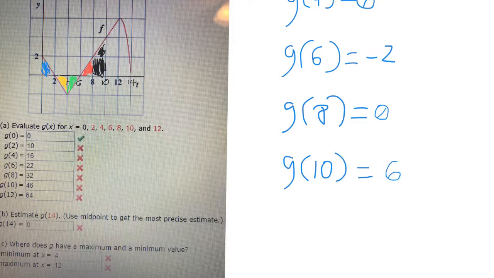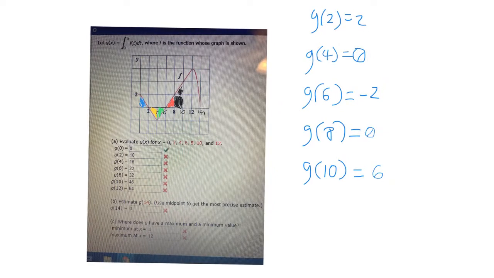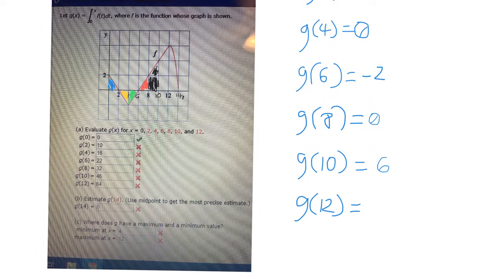All right, let's see. G of 12. Well, that's once again asking us to take into account what has come before, and what has come before is 6. We have a total of 6. All the way from 0 to 10, the cumulative area under the curve is 6.